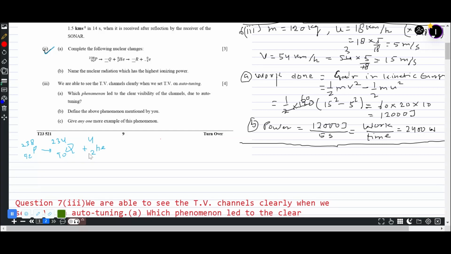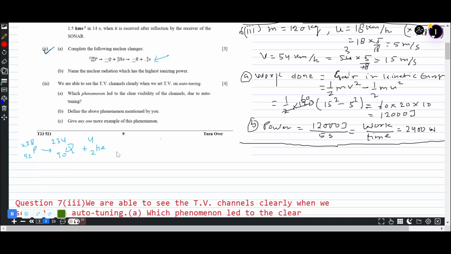So the equation is balanced. Correct? And then it is further disintegrating by emitting one electron here, which is called beta.